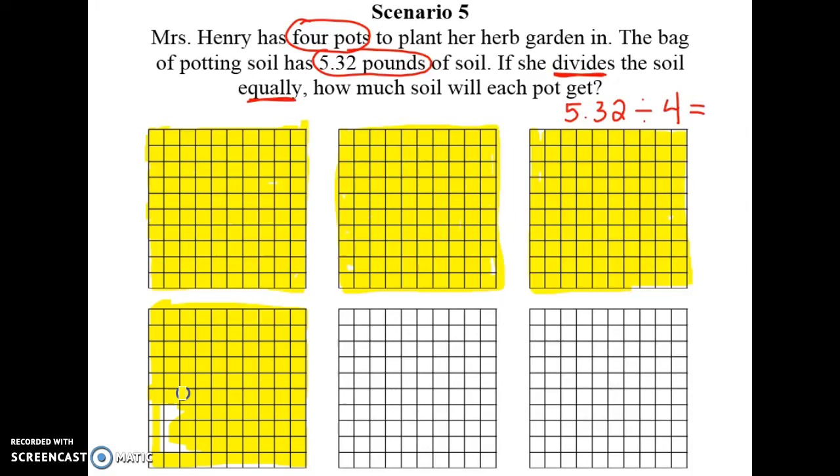And I want you to stay with me because it does require a couple of extra steps just to get it all together. So here I'm on my 5th box. And then I've got 32/100 of the next box that I need to shade in. So there's 30, and there goes 32.